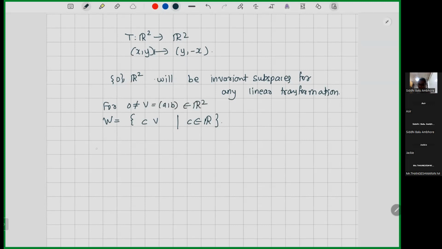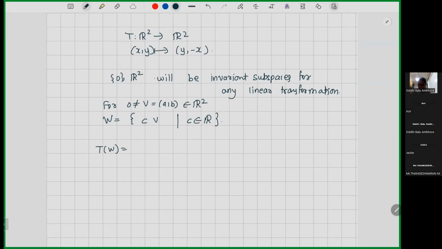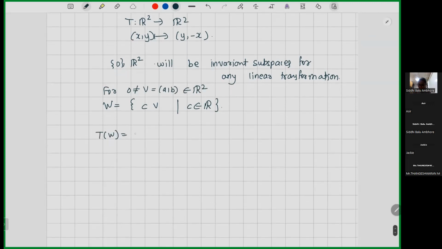Right, but T of W will be what? T of W will be T of this CV, which is C into B comma minus A.